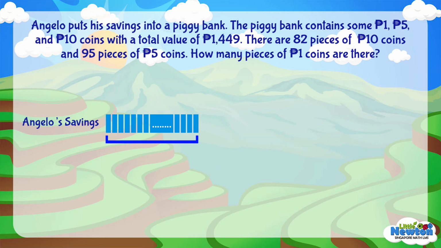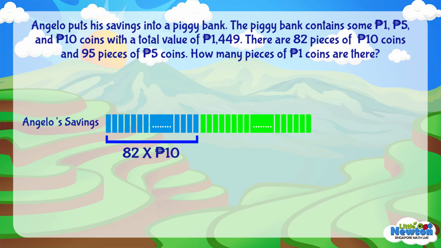Can you see that the total value of 10 peso coins is equal to 10 pesos multiplied by 82? Next, let's use another rectangle to represent the total value of 5 peso coins and divide the rectangle into 95 parts. Each part represents 5 pesos. Can you see that the total value of 5 peso coins is equal to 5 pesos multiplied by 95?